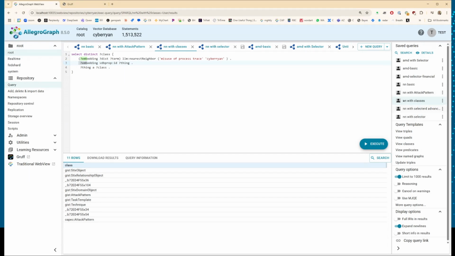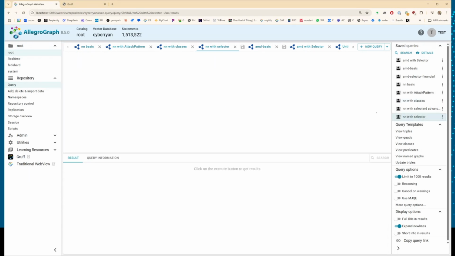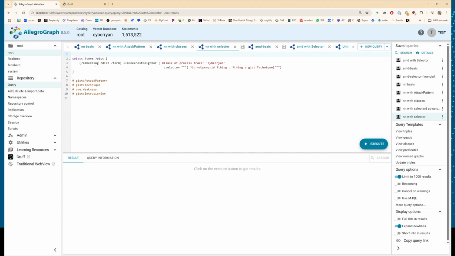So I can say the same question again: find the nearest neighbor, cyber term, except only match against things that are a gist technique. Now we're getting into the graph RAG domain. We still do nearest neighbor, but we want the strings that we get only from a subset of our data. Very important to realize that.